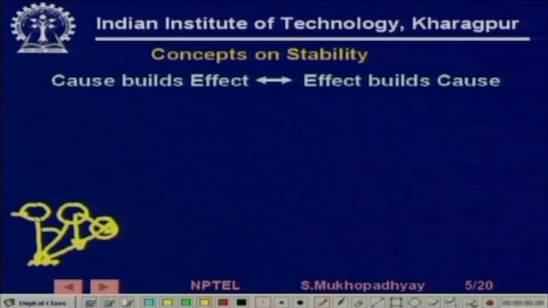So, you see that here is a cause which built an effect, and that effect generated a further torque, a further cause which generated further effect. Therefore, this is not a stable position, this is an unstable position, right. This is the basic phenomenon of stability, and it demonstrates itself in various ways in the case of flows, temperatures, motion, displacements, every variable. So, this is the basic concept of stability.